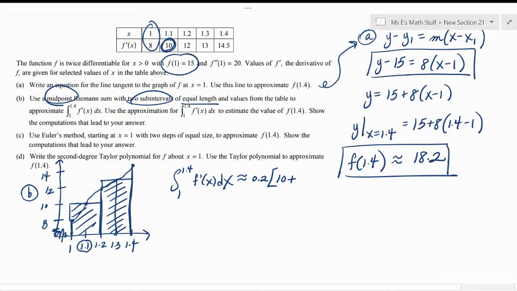And then you would multiply that base 0.2 times the height at 1.3, which would be 13. So 10 plus 13, 23 times 1/5, so 23 over 5, or any way you want to express that. So I would say the integral from 1 to 1.4 of f prime of x dx is approximately 23 over 5.